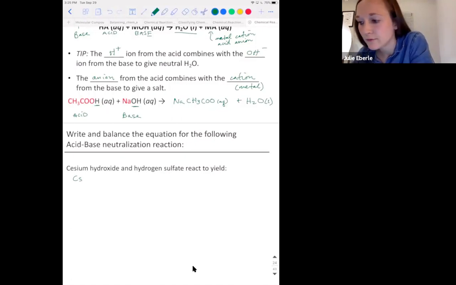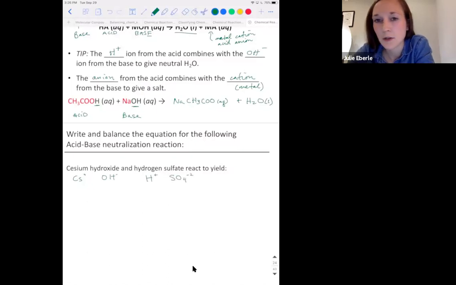So these are also like a double displacement reaction, essentially. Cations and anions switching places. So hydroxide is OH minus. So there's all the parts for our reactants.